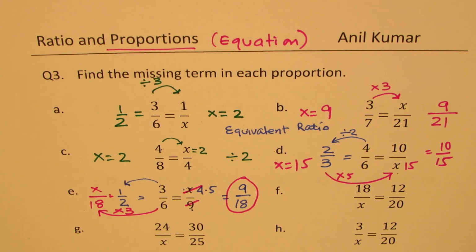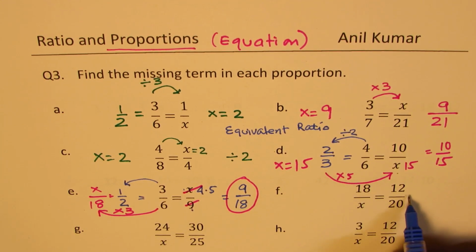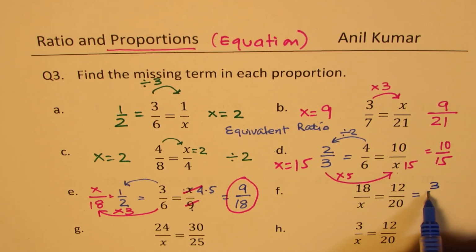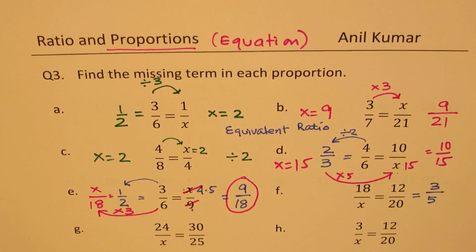Okay. The next one here is 18 over x equals 12 over 20. How do we find this value of x? So what we will do again, 12 over 20, write this as an equivalent ratio. You could divide both by 4. So we get 4 divides into 12 3 times and into 20 5 times.